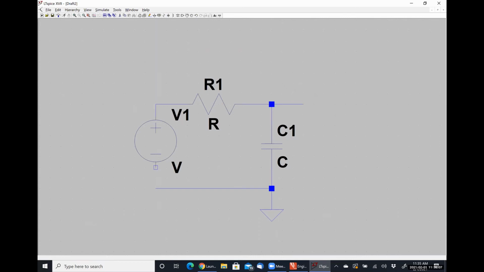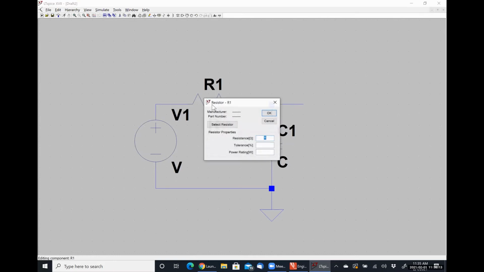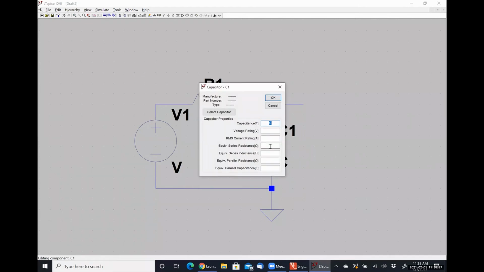All right, let's pick a value for a resistor real quick. Just somebody throw something out. 1 kilo, all right. And pick a value for the capacitance, please. 1 microfarad, all right.